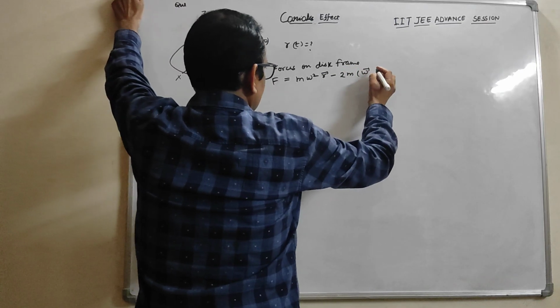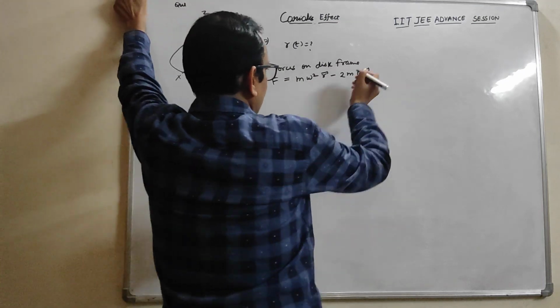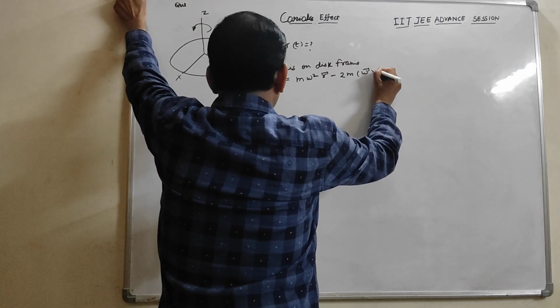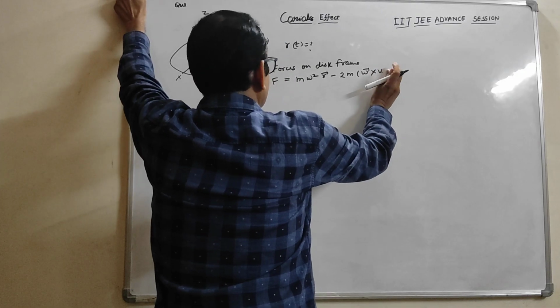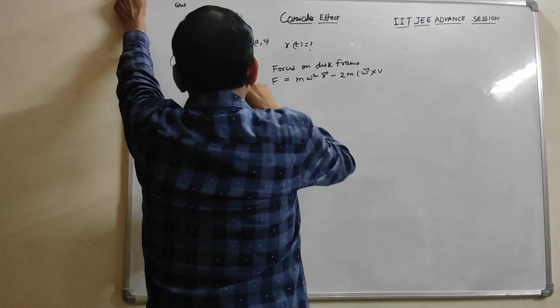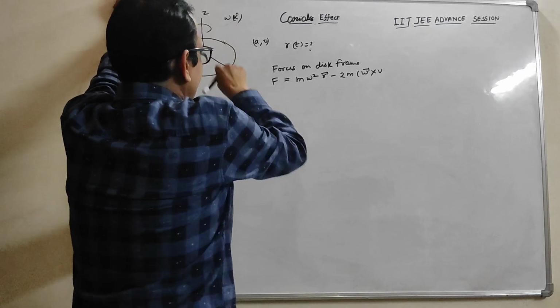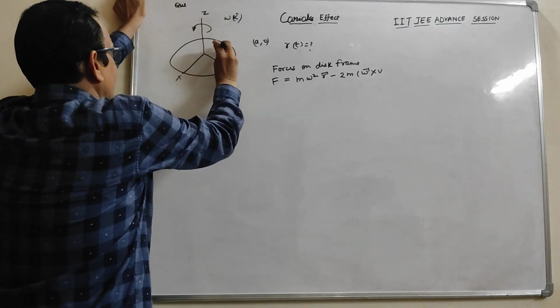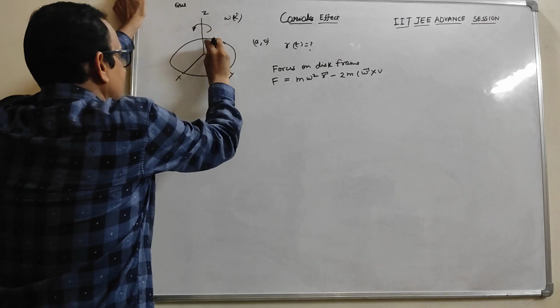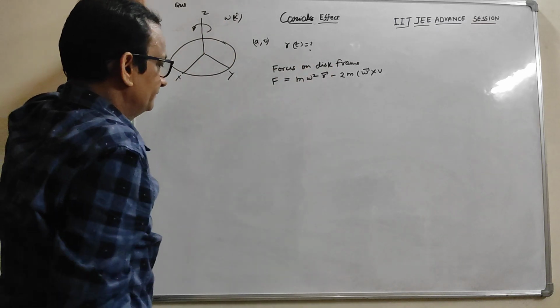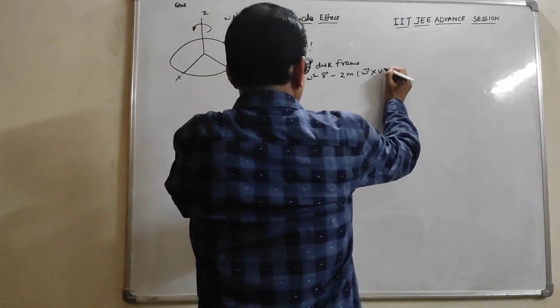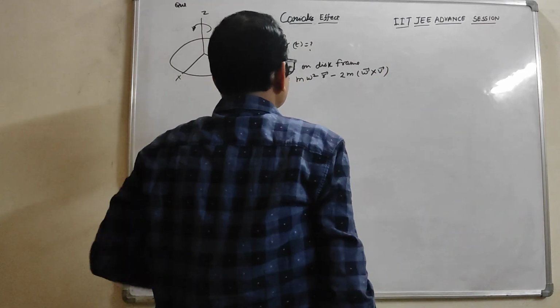This is the Coriolis force, and this is the centrifugal force. Suppose that Vr is relative velocity: when the coin is dropped here, the motion of the coin with respect to the disc, that is V. So we can write here V vector.